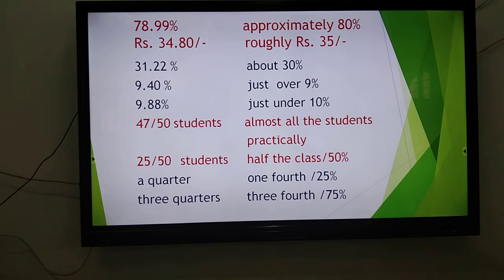Or we can also say practically all the students did their homework and only 3 didn't. The next example is, if only 25 students out of 50 handed in their homework, then we can say half the class or 50% of the class. So this is just a better way of talking about figures that we have.